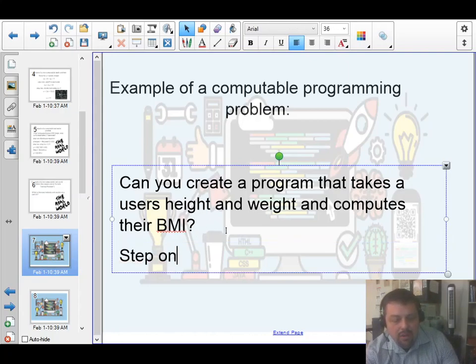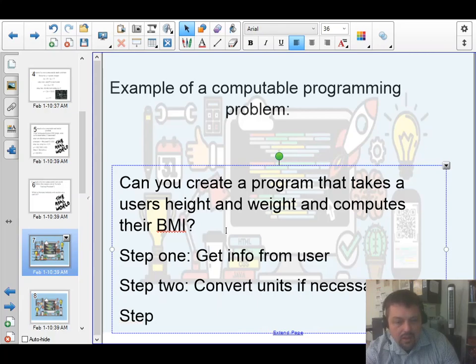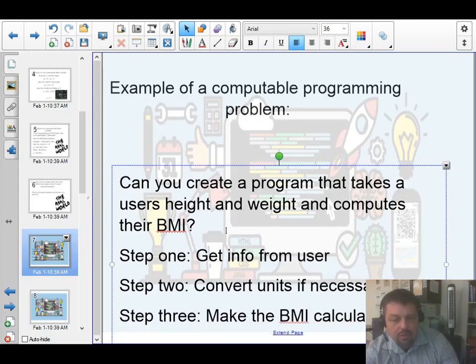So the step 1 would be to get the info from the user. Step 2 would be to convert units. You remember that if you saw that first video, we had to convert the units. And step 3 was make the calculation, which is a pretty simple formula.